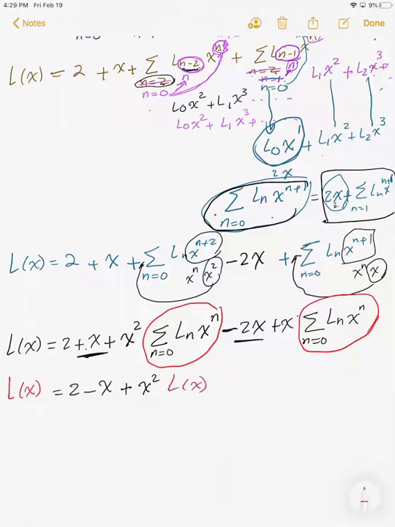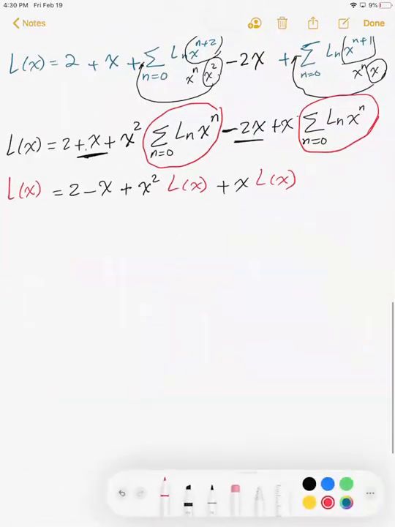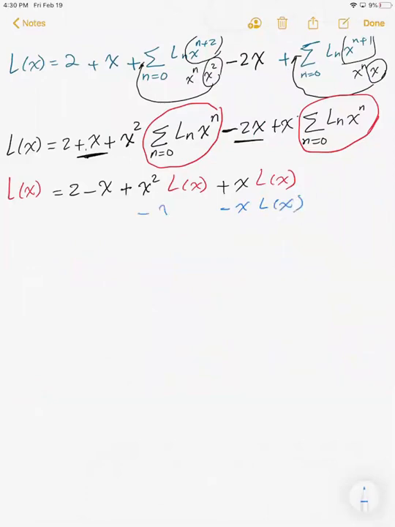L of x plus x L of x. Now I'm going to move the L, the rest of it is just algebra. I'm just going to move this to the other side. So what I end up with is L of x.